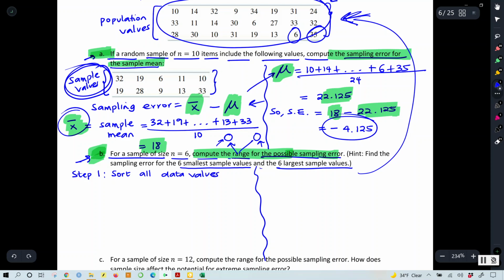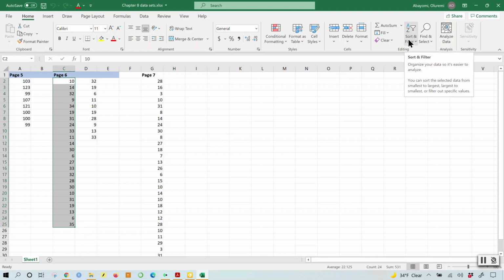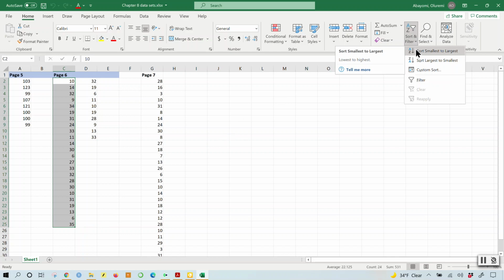So anytime you want to compute the range of the possible sampling error, you want to sort all data values first. So how would I do that? I have this data set already in Excel, and here is the highlighted data set in the population. To sort, simply go to sort and filter, sort from smallest to largest.